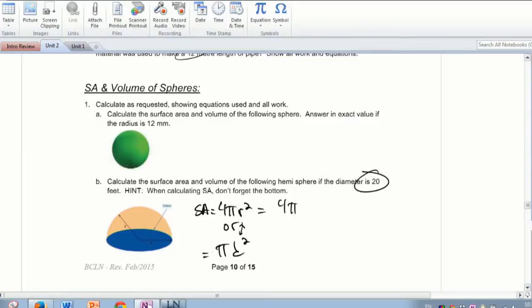So I'll just use this formula down here on the bottom. I'm going to go pi times 20 squared. So 20 times 20 is 400 times pi. 1,256.6. So that's the total, but we only have half. So I need to divide that by 2 to figure out the hemisphere. 628.